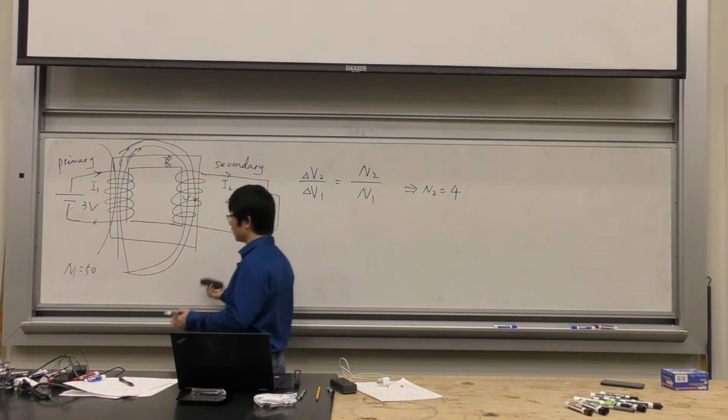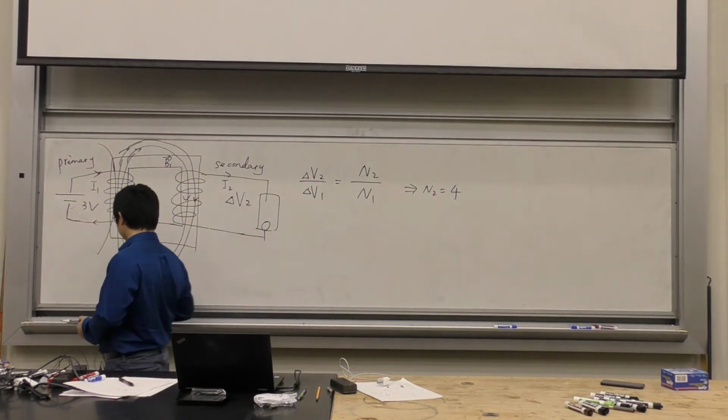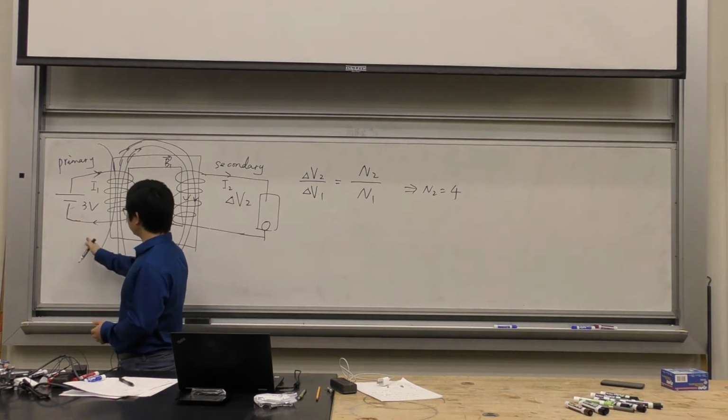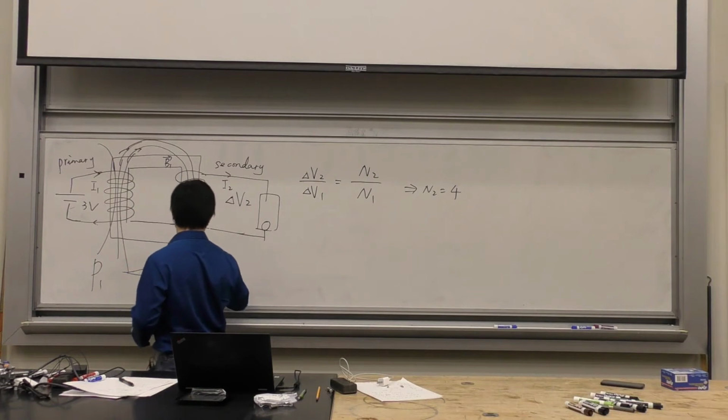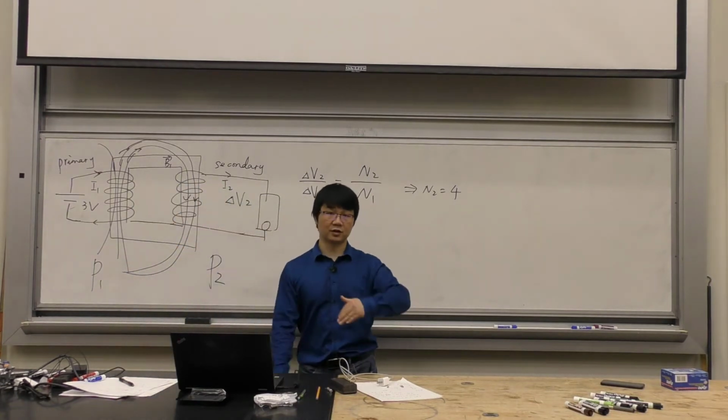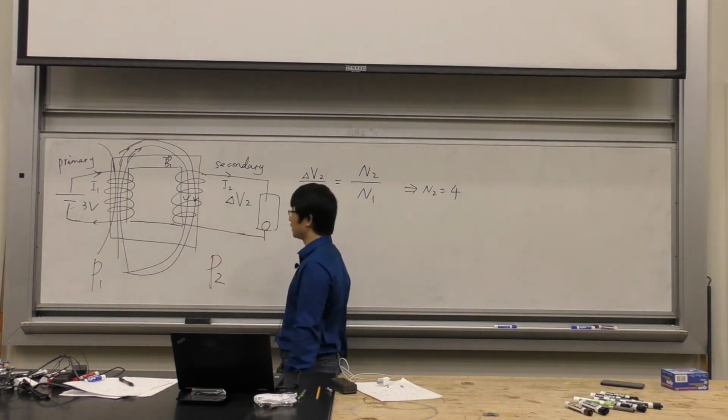But let's say it's an ideal transformer, nothing is going to be lost. So the energy on each side is going to be the same. That means the power on each side must be the same, because power is just energy divided by time, and the time is the same on both sides.